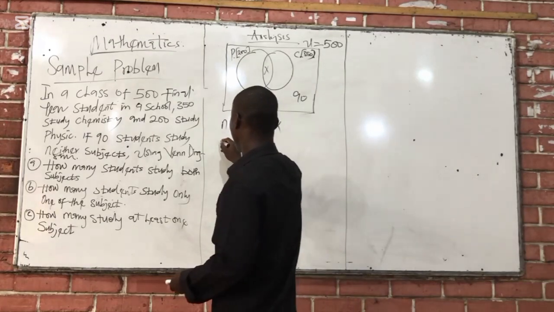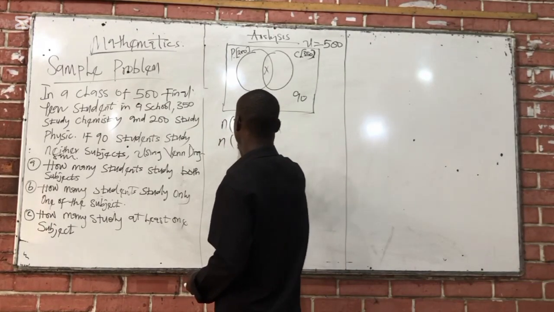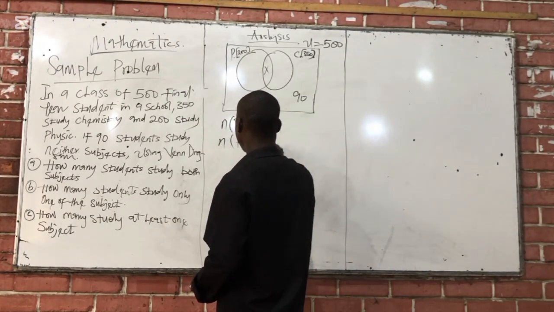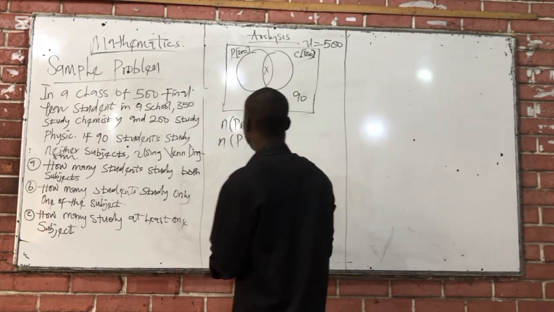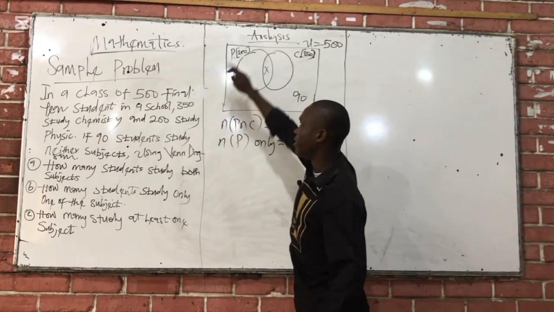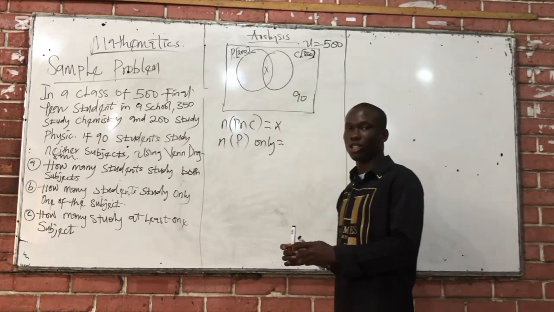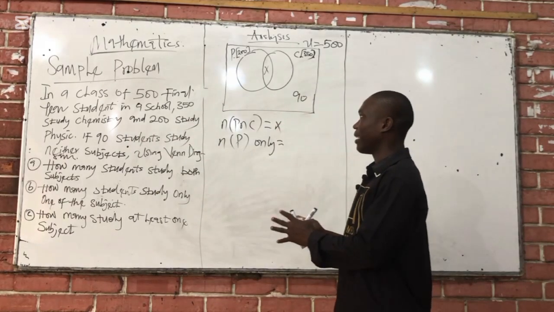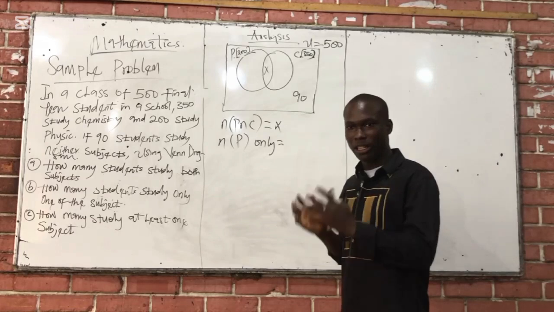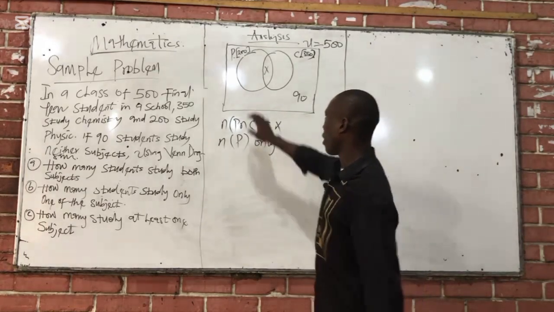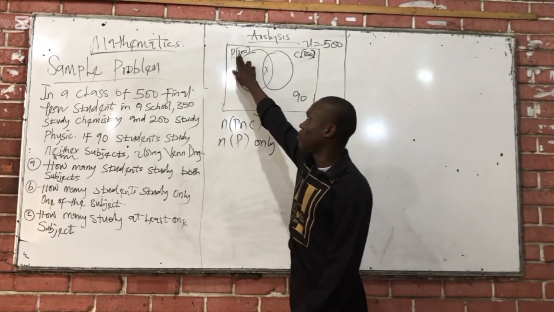The number of students that studied physics is 200. There's a difference between the number of students that studied physics and the number of students that studied physics only, so take note of that. This is the number of students that studied physics.